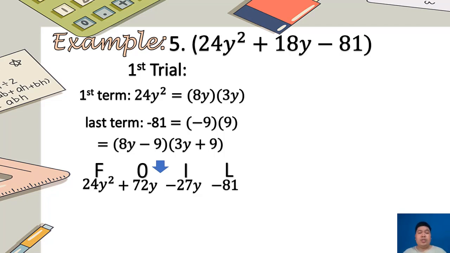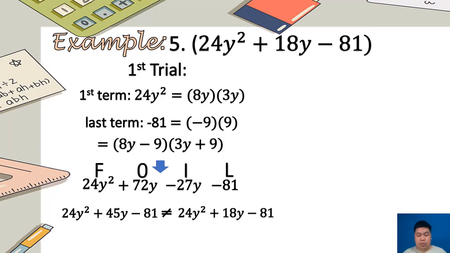So next is to combine the like terms. The like terms here are 72y minus 27y. So we will have 24y squared plus 45y minus 81. So it is not the factor because it is not equal to 24y squared plus 18y minus 81. So it is not the factor of the given.